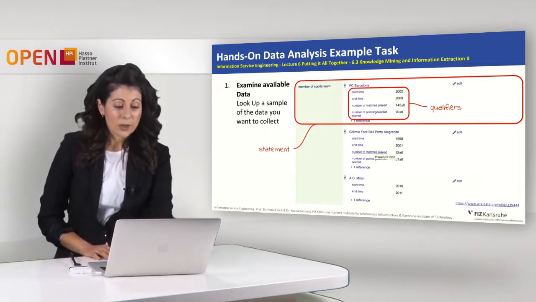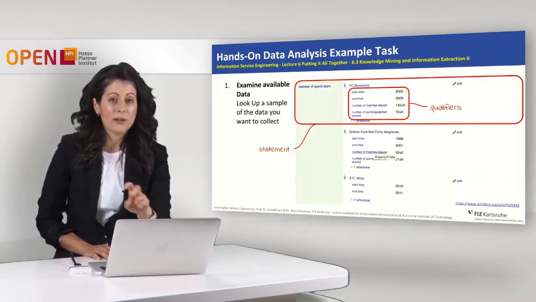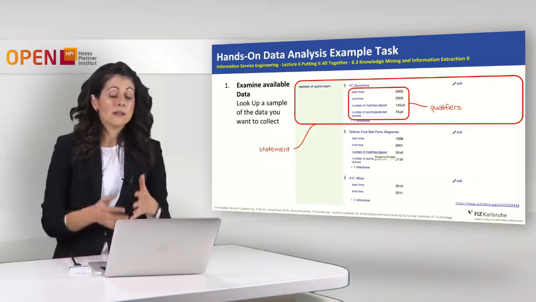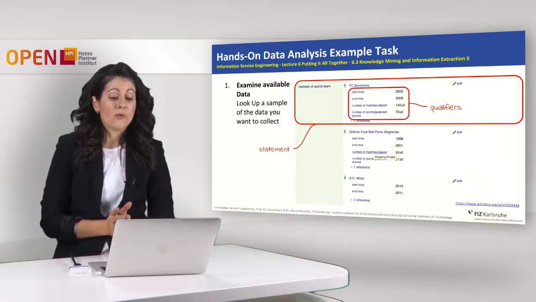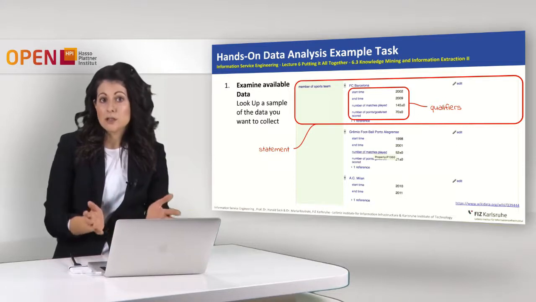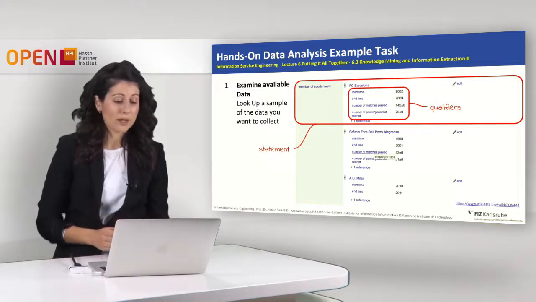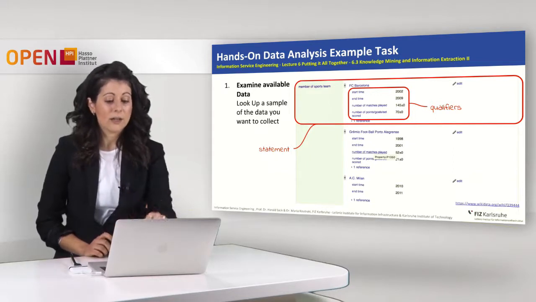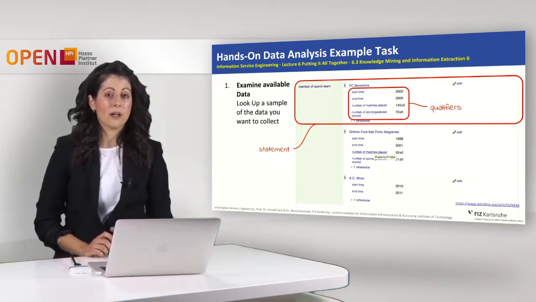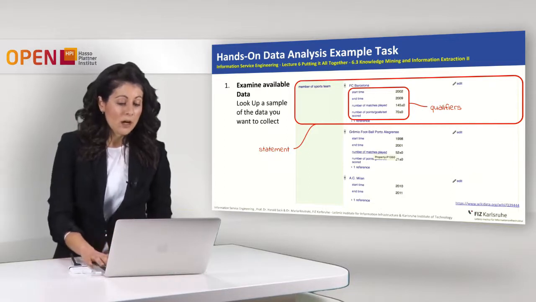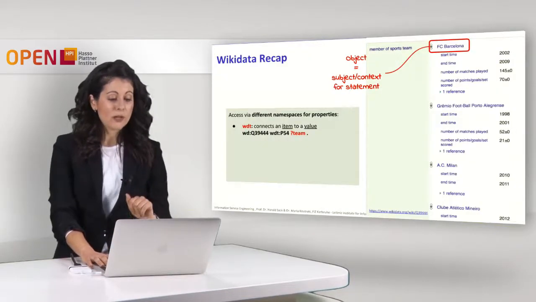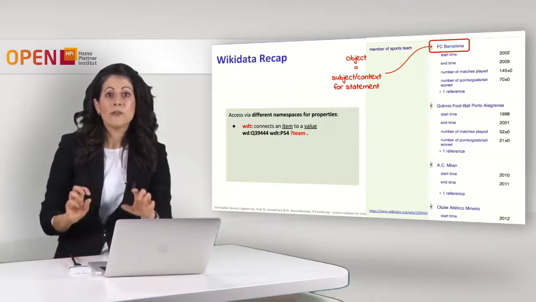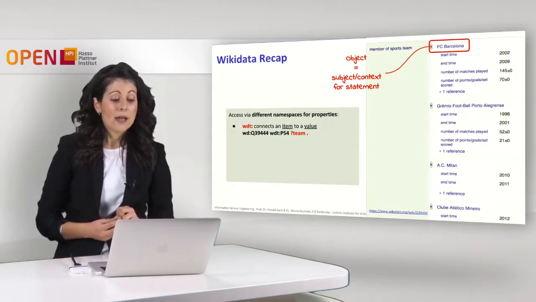Okay, you see here that we have again a statement and the qualifiers in the statement. Just a small recap here on Wikidata. This is a particularity of Wikidata, of how they structure the knowledge. You remember we had a lecture about it. So we have the statements and the qualifiers that apply to the specific properties. And what we should be careful about here is the different namespaces used in Wikidata for the different types of properties they have.